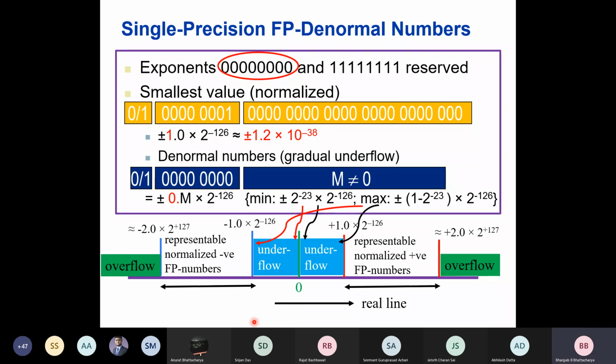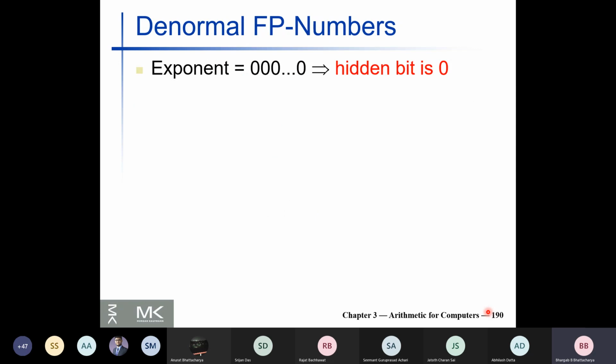The question is, how could you best utilize these 32 bits? And that's the best you can do. Whatever possible representation you can do, everything has been done. It's more or less exhaustive. Okay, so let us move on.